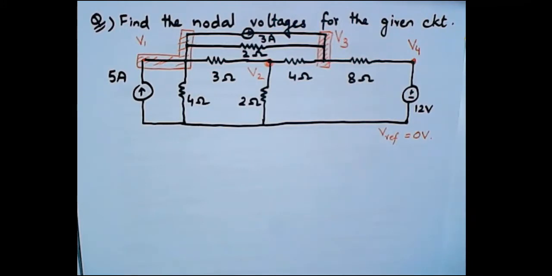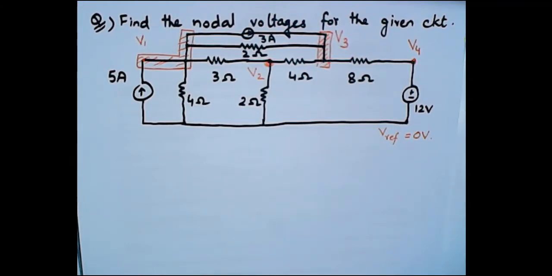Now the important thing is, in all the previous questions that we have solved, all the sources were current sources. There was no voltage source involved in the question, but in this particular question, as you can see, a voltage source is involved, and we have already discussed that there can be two scenarios. Either the voltage source is connected between a reference and non-reference node, or the voltage source is connected between two non-reference nodes.